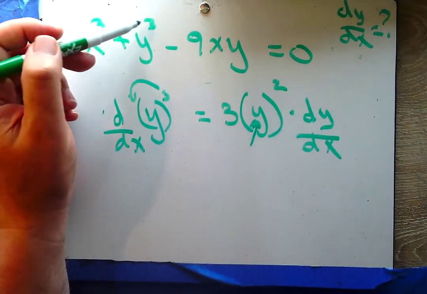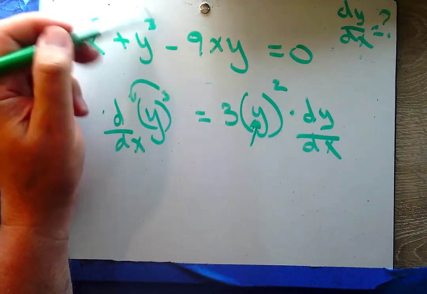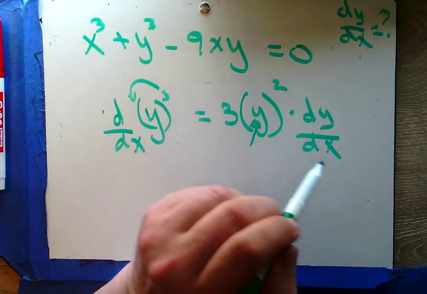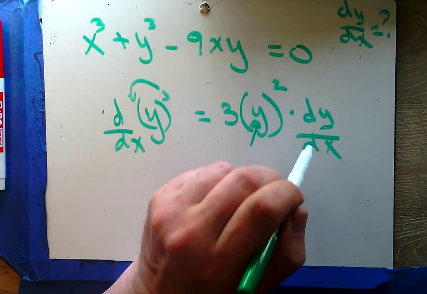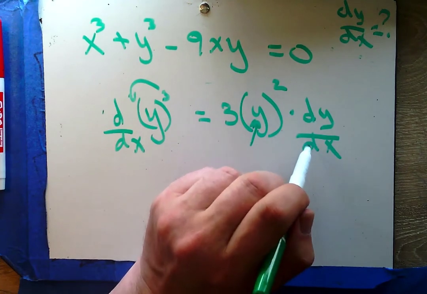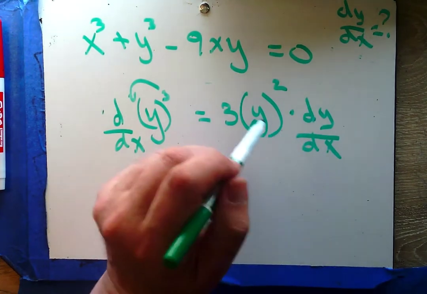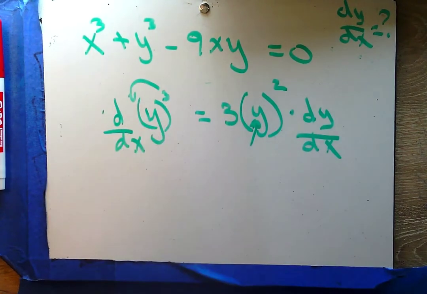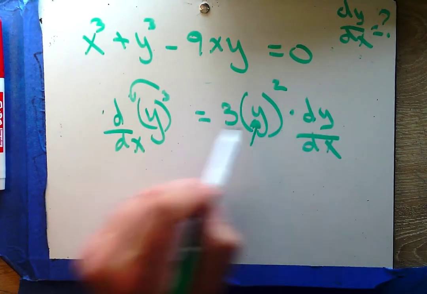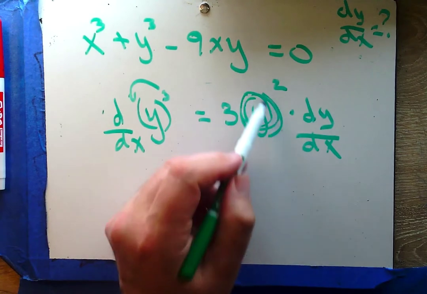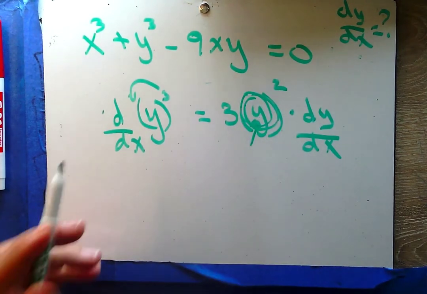So whenever I take the derivative of y to stuff, there's going to be a dy dx that shows up. Dy dx represents taking the derivative of y with respect to x, or even taking the derivative of this inside thing with respect to x.